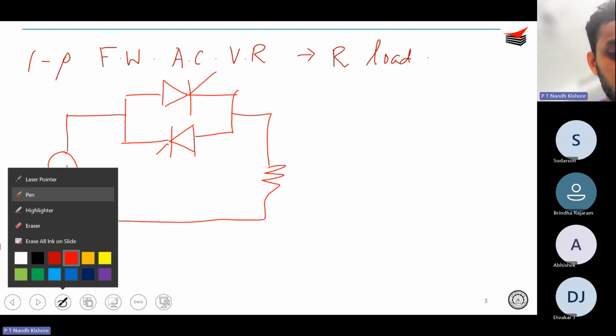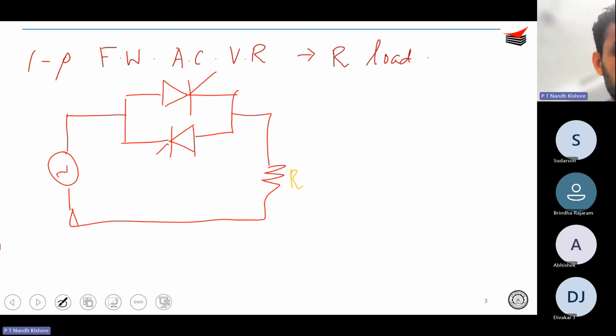So you know that this is going to be R and this is your VAC, and you have your thyristors T1 and T2. Your VAC is something like Vm sine omega t.